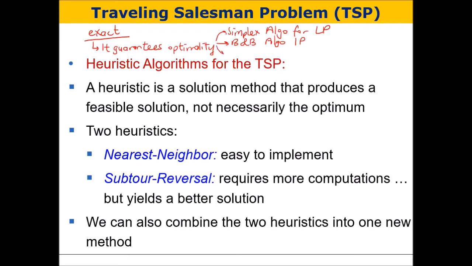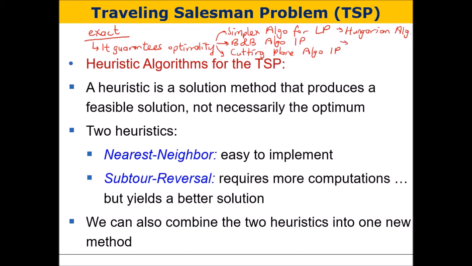Cutting plane algorithms, again for IP, are also exact algorithms. On the other hand, we have, for example, the Hungarian algorithm for the assignment problem. This is also an exact algorithm. It guarantees optimality.